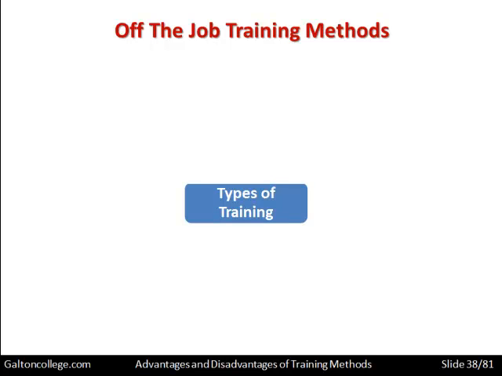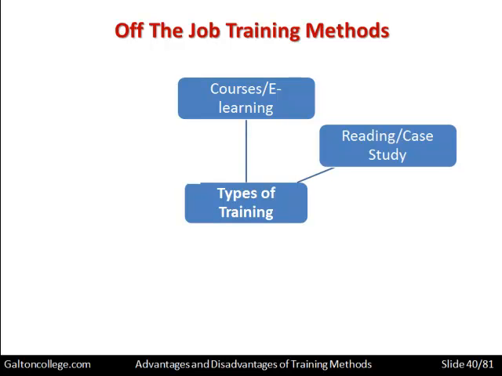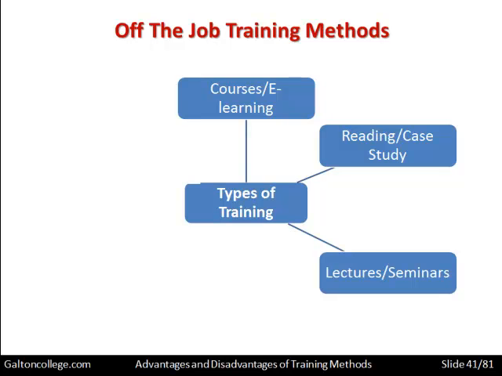Now, types of training. Well, one type of training could be courses or e-learning courses. These could be courses within the organization, or courses at local colleges or whatever, or it could be e-learning. Another type of training is reading or looking at case studies and learning from what is read and the case studies. It's a type of training.